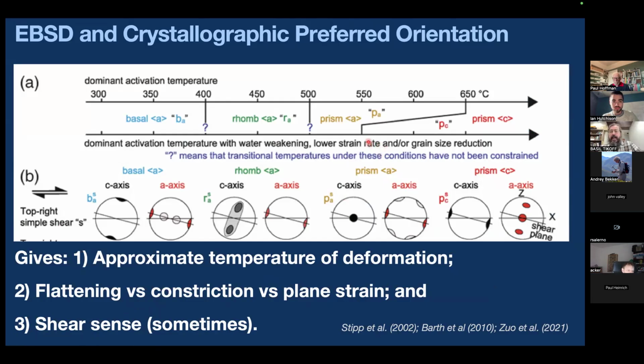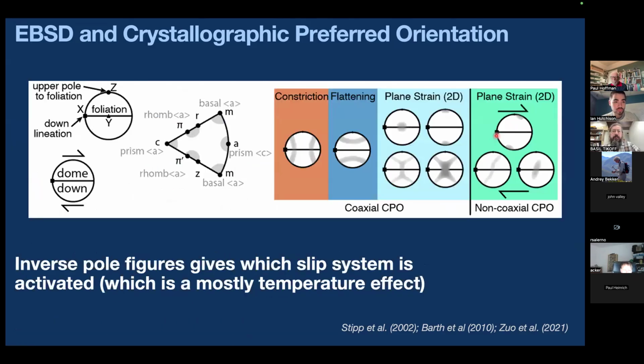So I'm going to let the cat out of the bag right now. Everything we have is prism A slip. So we're talking about relatively high temperature deformation. It's thought to be basically 500 to 550. In some cases, you can get up to 650, depending on things like water content and strain rate and so forth. So we're going to be in this sort of 500 plus range, but we're not at the highest slip systems when we're looking at the Warrawoona Syncline.